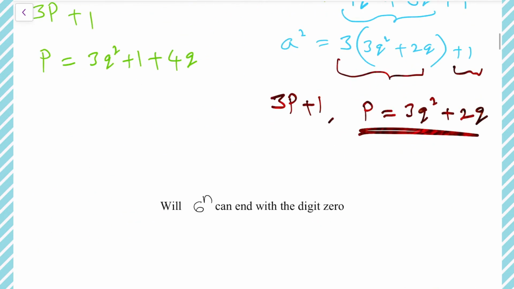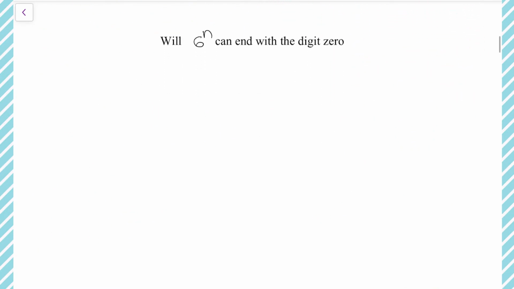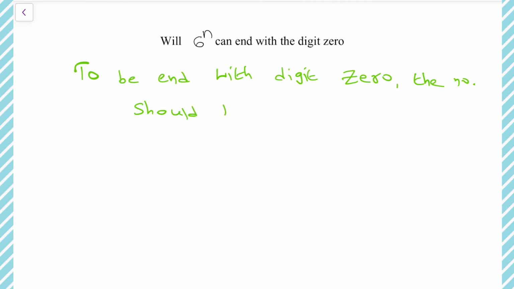Okay, let's move to the next question then. Will 6 power n can end with the digit 0? To end with the digit 0, the number should have 2 and 5 as prime factors.